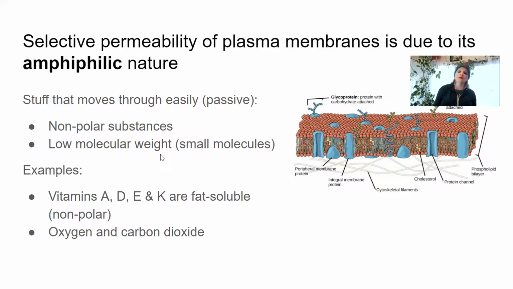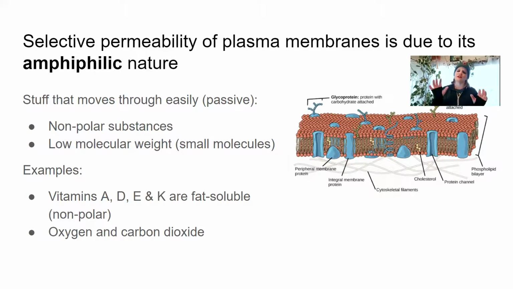So stuff that can move through this amphiphilic membrane are nonpolar substances. So these are other things that are fat soluble, other things that are hydrophobic. Also things that can pass through are low molecular weight, and that's just a fancy way to say that they're very small molecules.